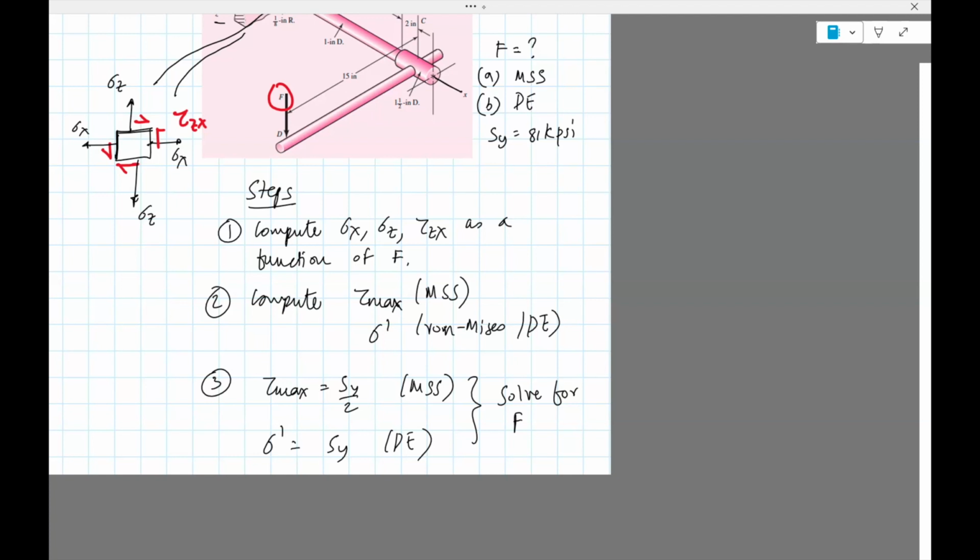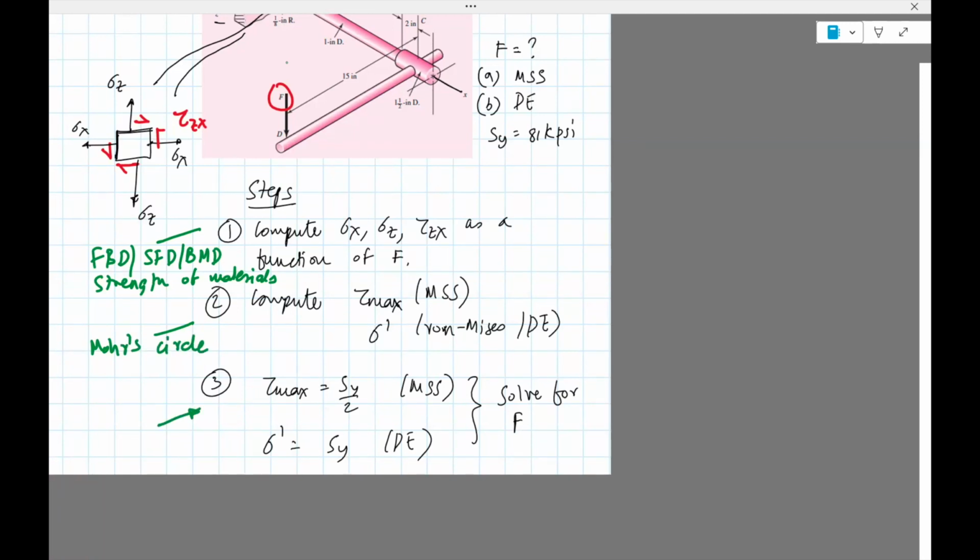Okay, so this part requires perhaps FBD, SFD, bending moment diagram, strength of materials. Okay, this is typically a Mohr circle problem.